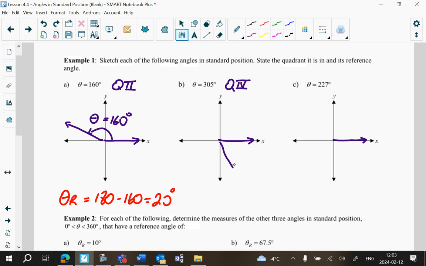That'll work. So somewhere around there. Again, you don't have to be perfect, but how would you find its reference angle? 360 minus 305, which gives us 55 degrees.